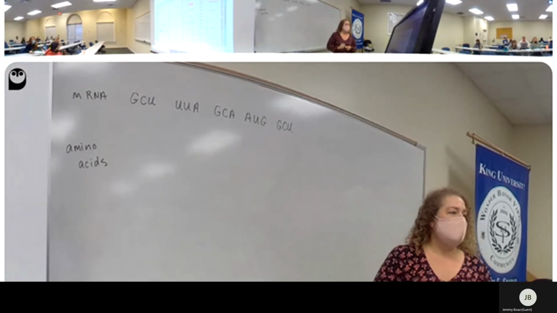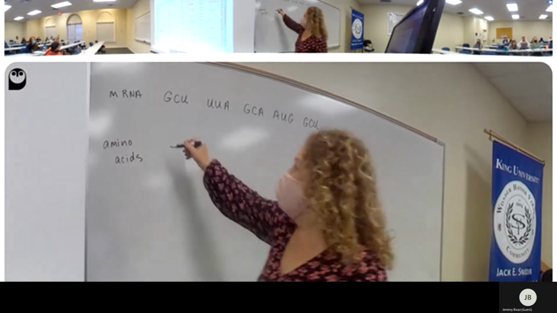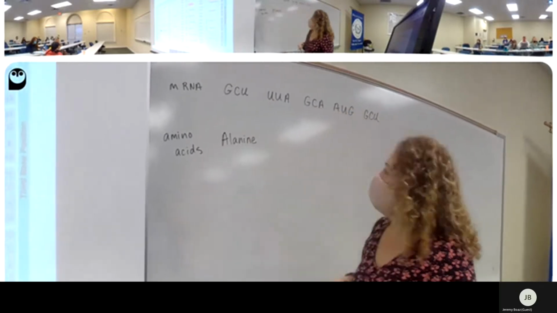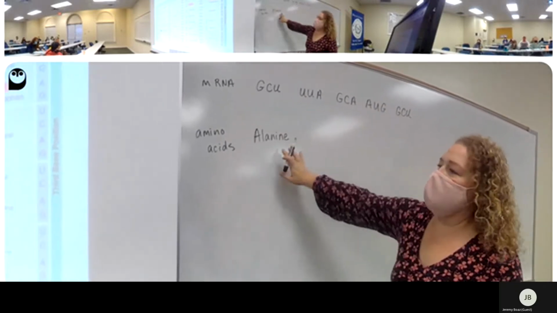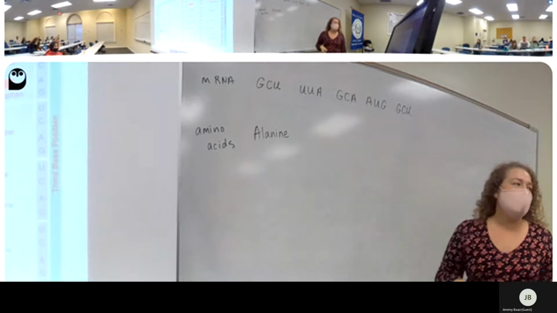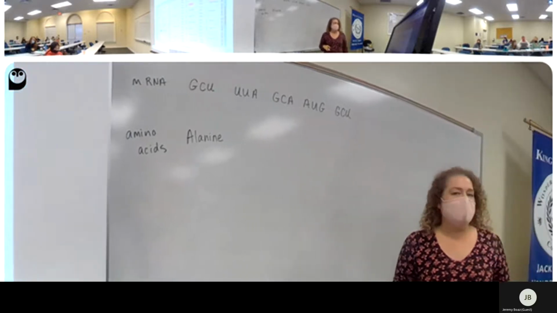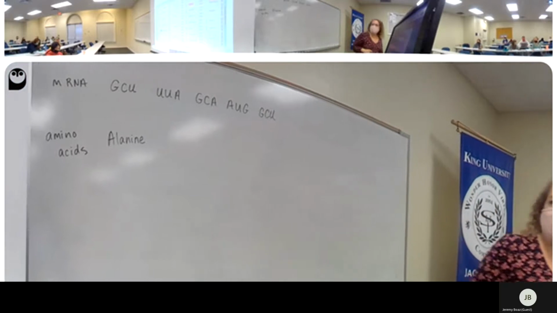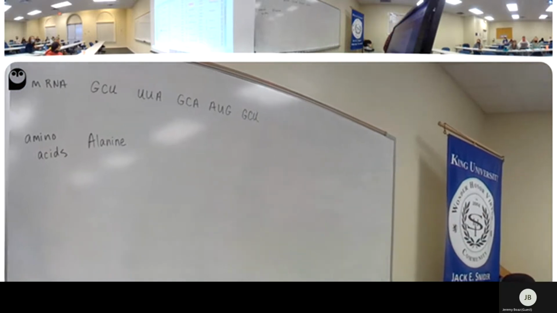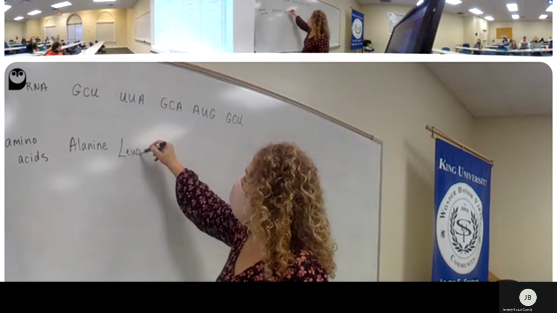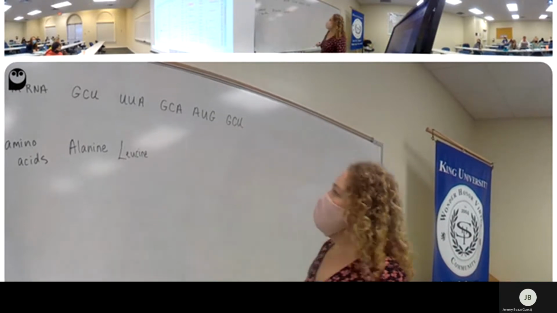GCU. Alanine. Alanine, good. Anyway, UUA, what would that be? Must be a tough one to pronounce. Leucine. Leucine? Yeah. Leucine. GCA.